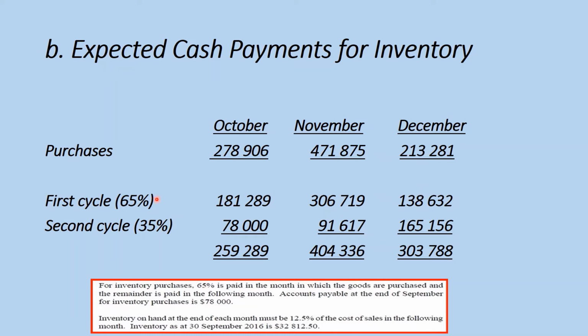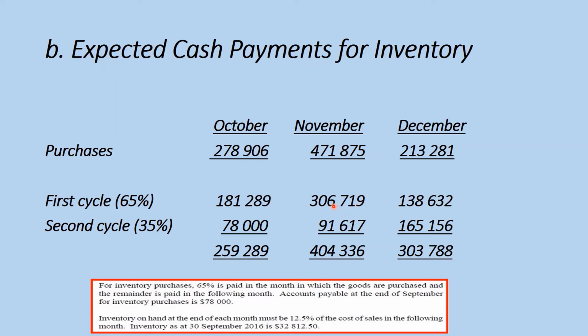The next cycle would be 35%. However, it does not come in this line. It goes in the other column. This 78,000 is from September, the 35% that has remained unpaid. When we add these two together, we get 259,289 as the payment for October.